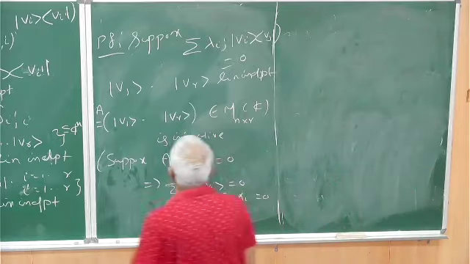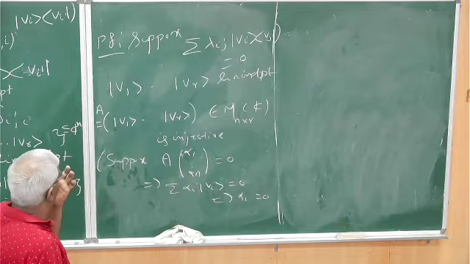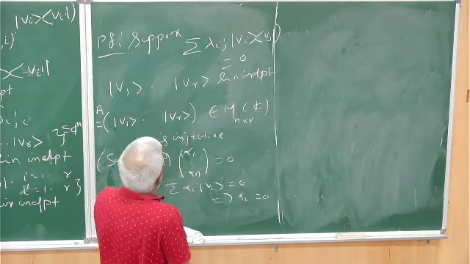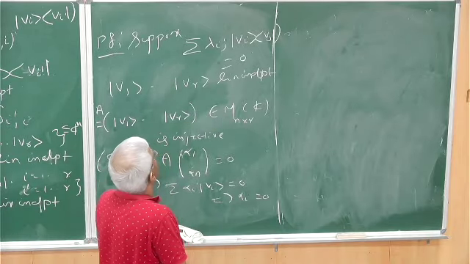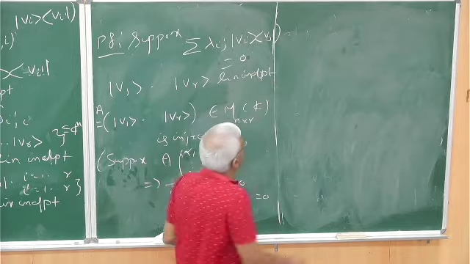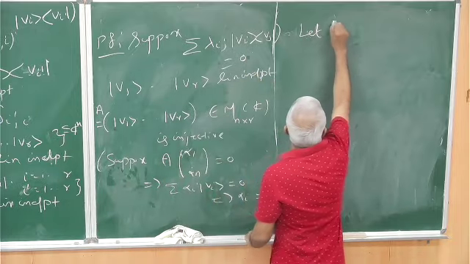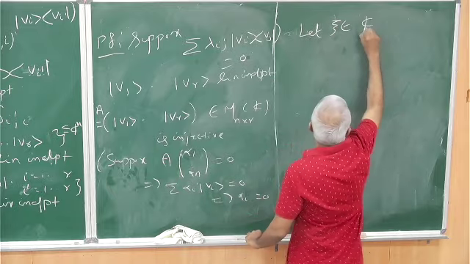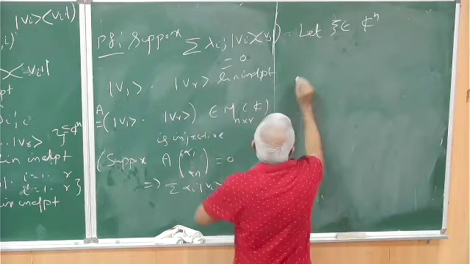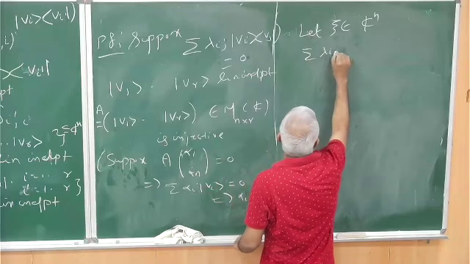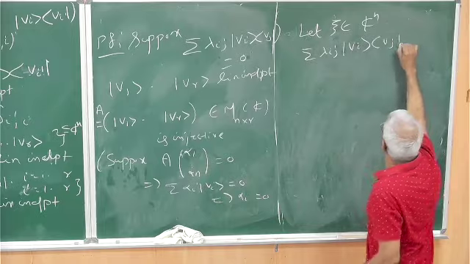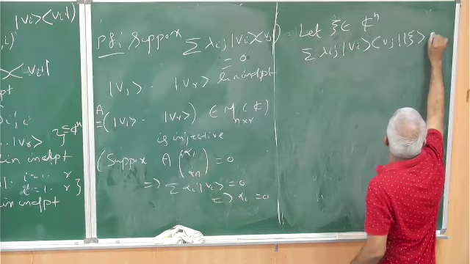Now we want to use this A. So this is a matrix. Let some xi be in Cn, the vector space we are working with. Then the summation lambda ij vi vj xi equals 0.